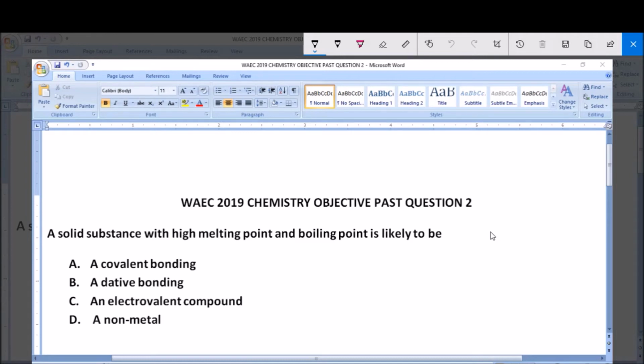These electrovalent bonds usually are stronger than covalent and dative bonds because of the strong attractive force between the positive and negative ions that make up the compound. So electrovalent compounds usually possess strong electrovalent bonds.